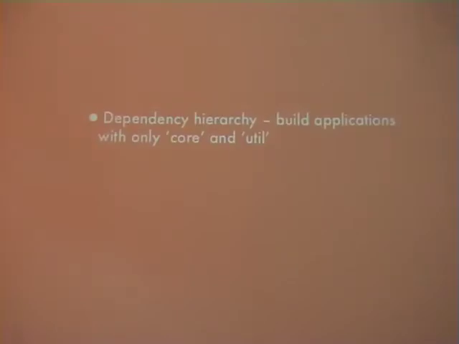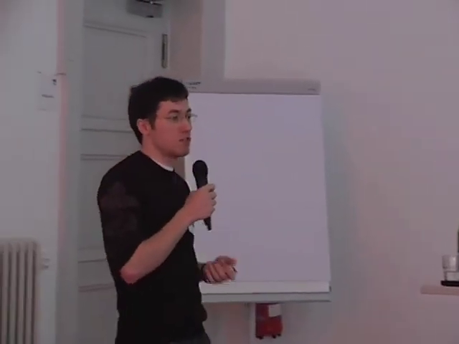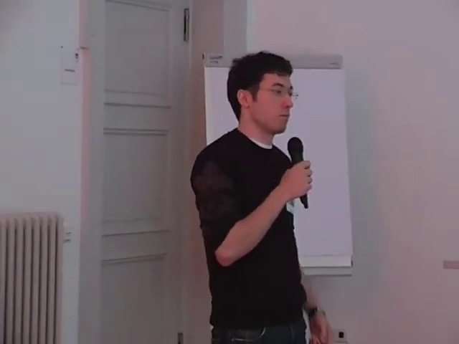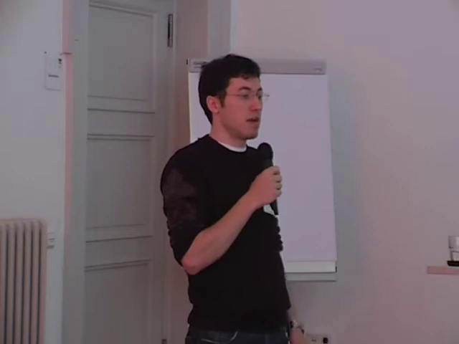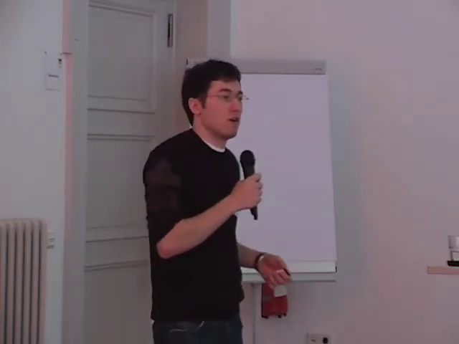So what we've got here is a dependency hierarchy. Core and util are the two base packages of the entire framework. Everything else stems from them, and organizing things into packages makes it really easy to manage dependencies. We've broken everything apart and put it back together more neatly.